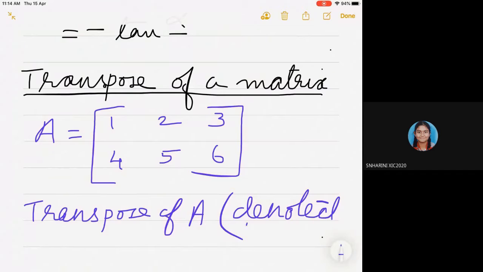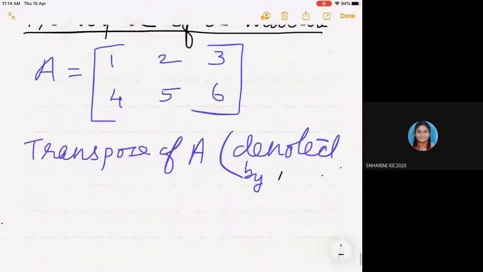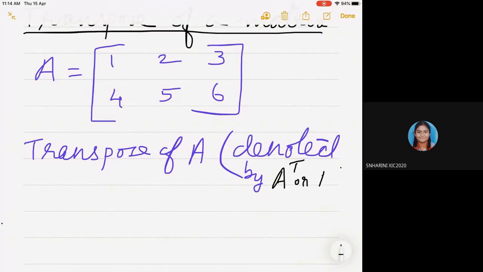These are the symbols which we use for transpose. Either you write like this, A transpose or A dash. A transpose is obtained by interchanging the rows and columns.